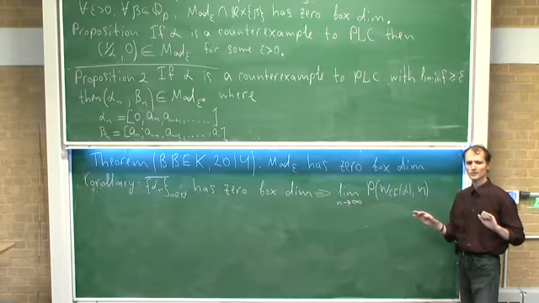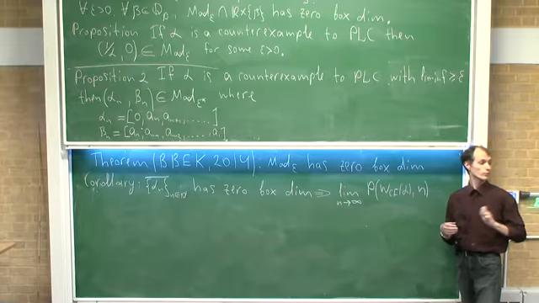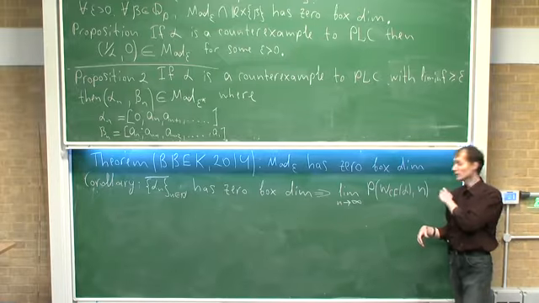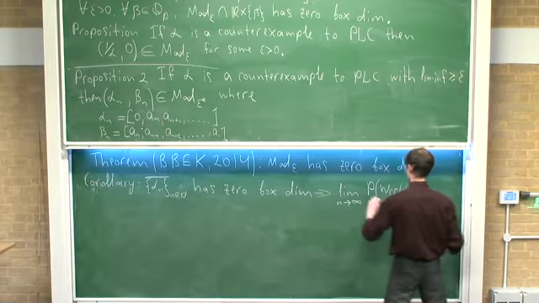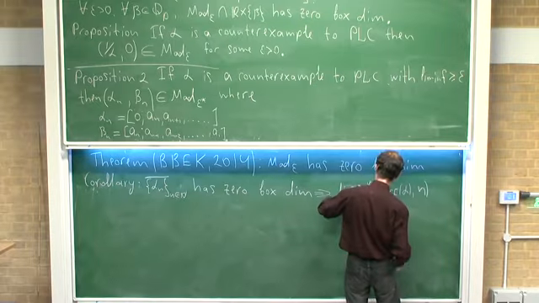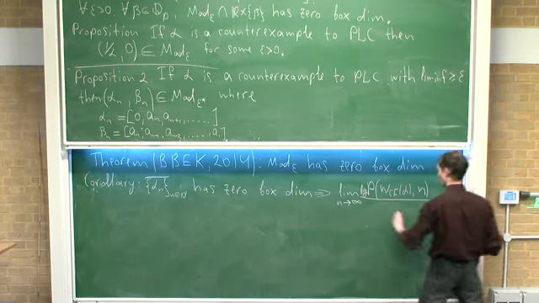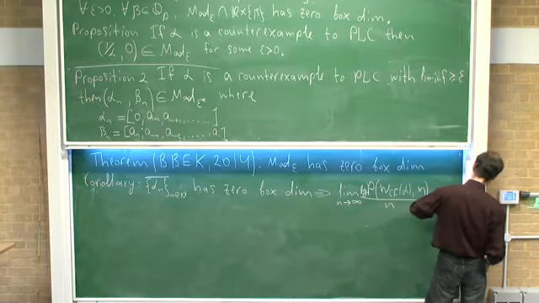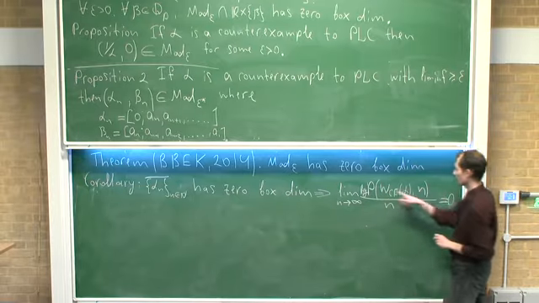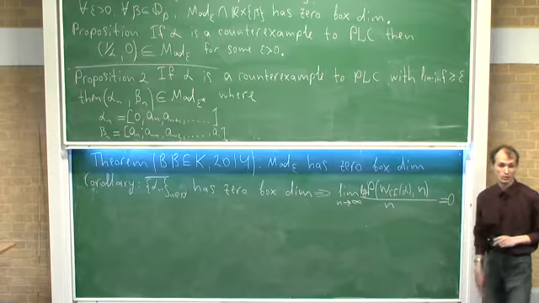So is it fine? Should I explain that? Should I write it down? No. Okay. Oh, it's not p, it's log p. The logarithm of this complexity over n equals 0. Or in other words, the complexity grows sub-exponentially.